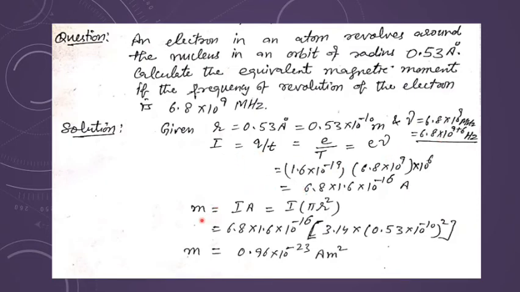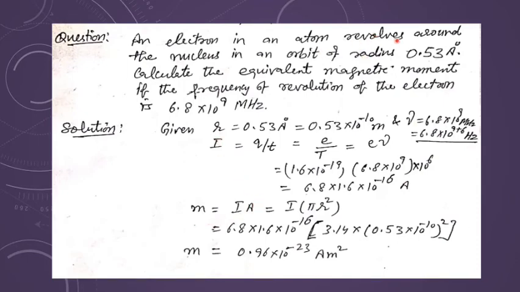And you know the magnetic moment, if I am having a single turn, then n will be 1, so magnetic moment will be given by I into A, and area is pi r square. R is given in the question, so you can put in the values and get the answer for the magnetic dipole moment, which is of course in ampere meter square. The only thing is you should know the formula for the magnetic dipole moment for a current carrying coil.